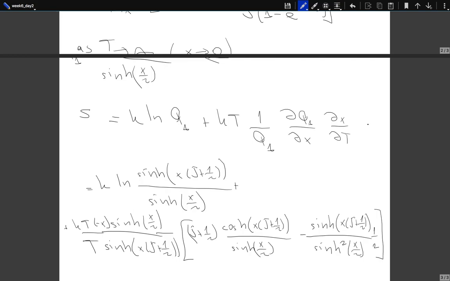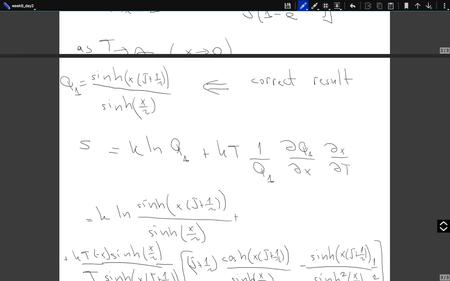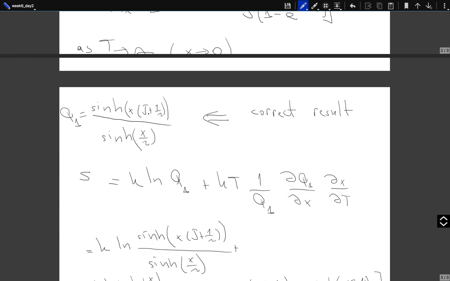By the way, do we need to change our x? Oh, you are right. So instead of x everywhere, I will write now x over j. So this is 1 plus 1 over 2j.